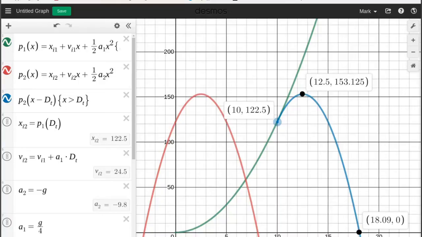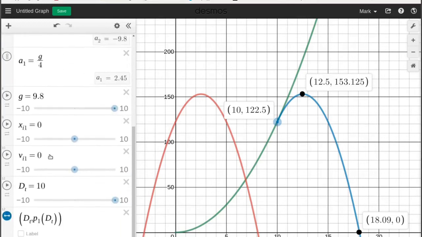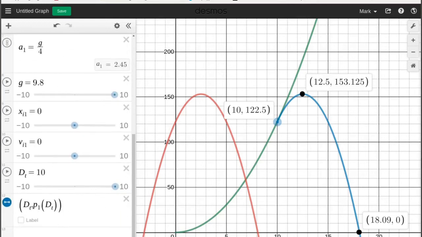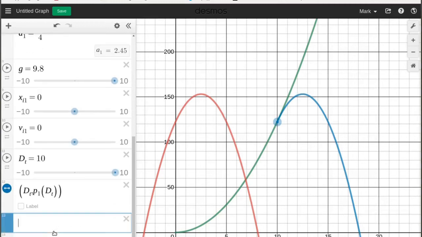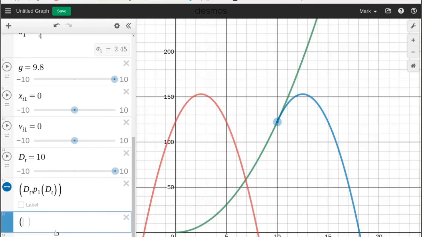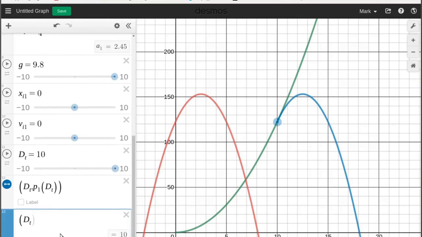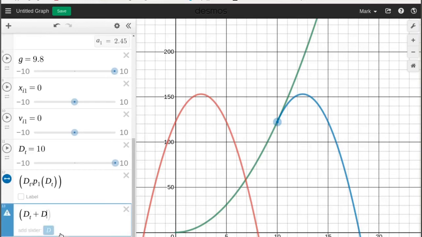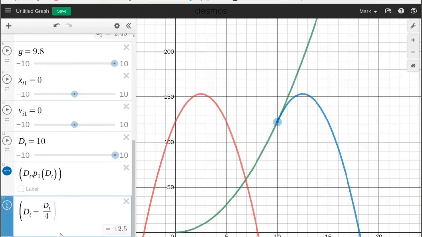And two more things I just wanted to show you real quick, to show more of what Desmos can do and why I love it so much. I'm going to put in the answer for that ratio as a point. So the time when it hits the ground is dt plus dt over 4 times 1 plus the square root of 5.